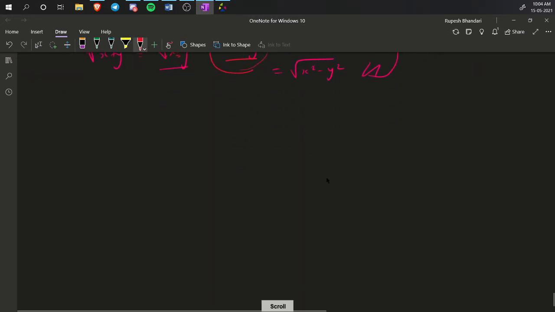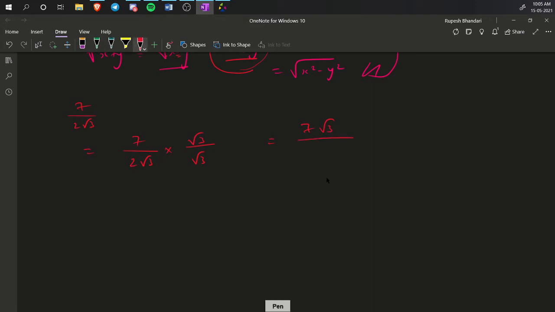Okay, let's have a look at a few examples now. Let's say 7 under root 3 by 2 under root 3. It might be given as a question like this, where it says rationalize the denominator. What you need to do is multiply by under root 3 into under root 3, because this is the only surd.